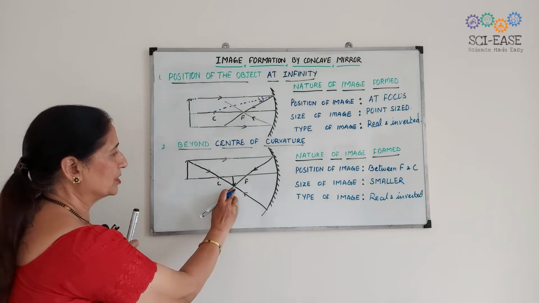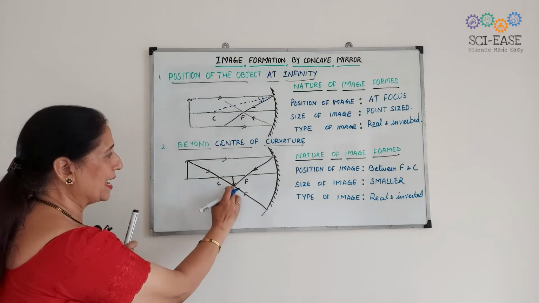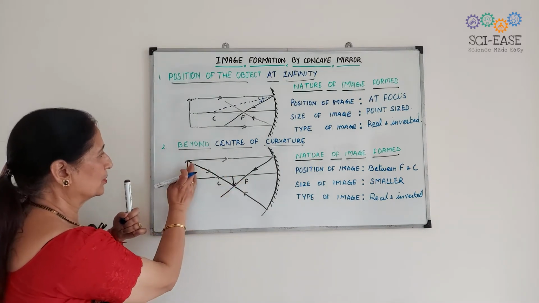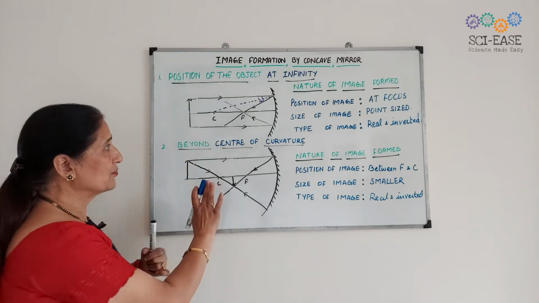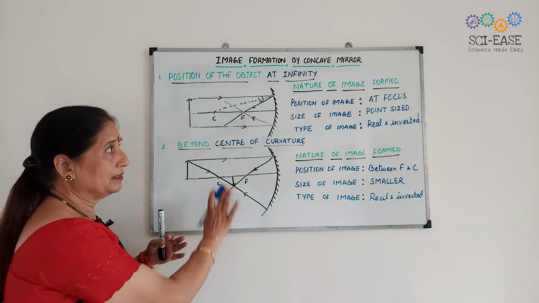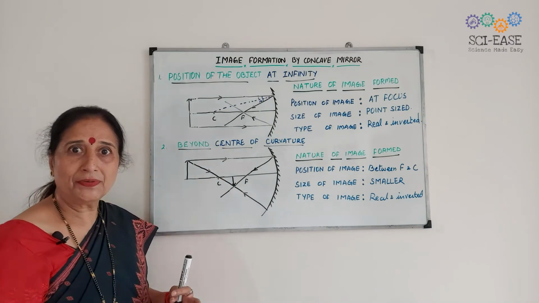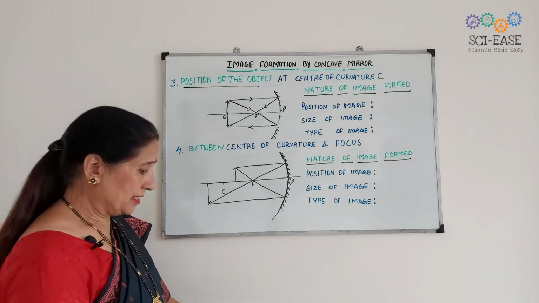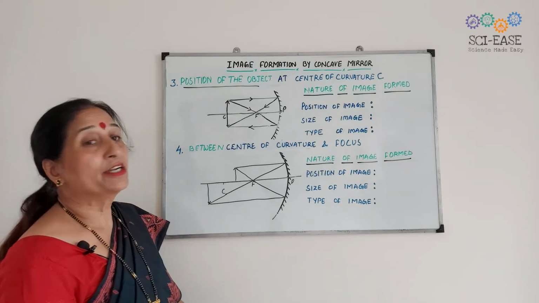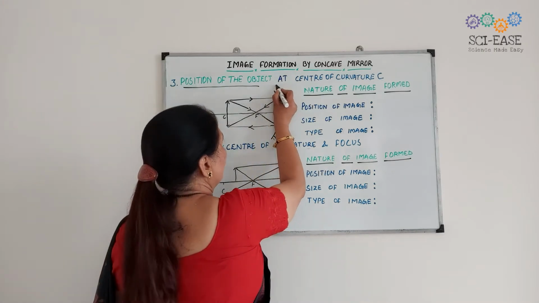You can see the arrow is opposite to this. So the two positions we have done. I think this is clear to all of you. Now the third position of the object, that is at the center of curvature C.